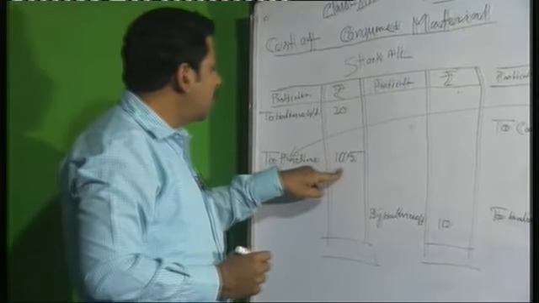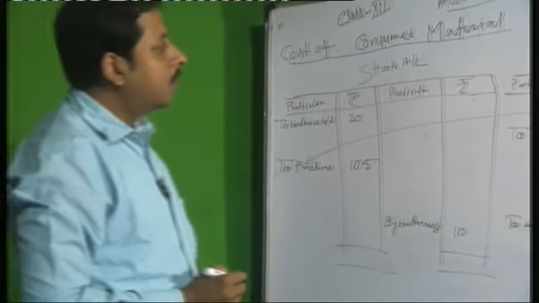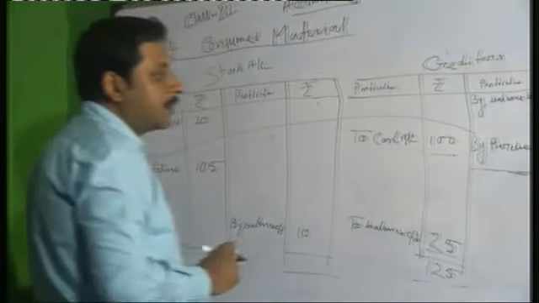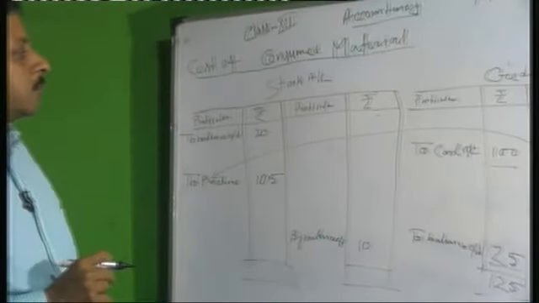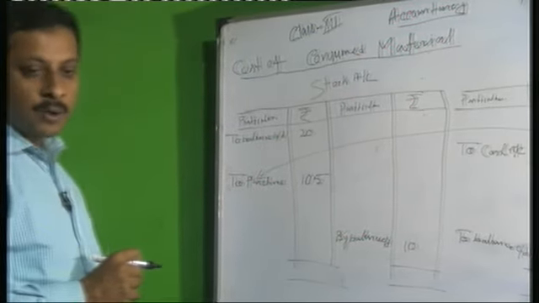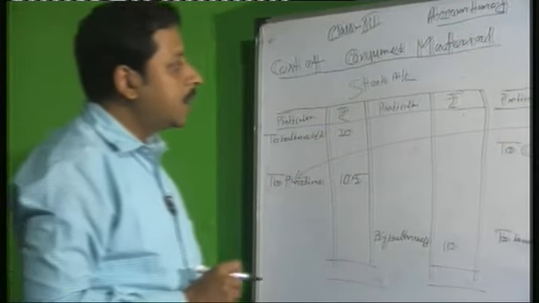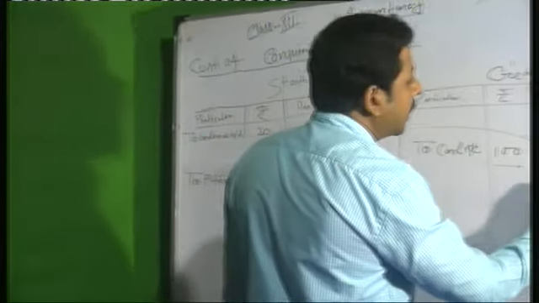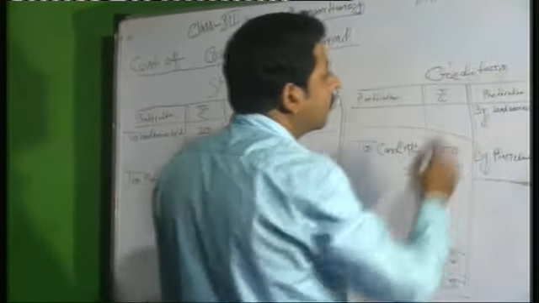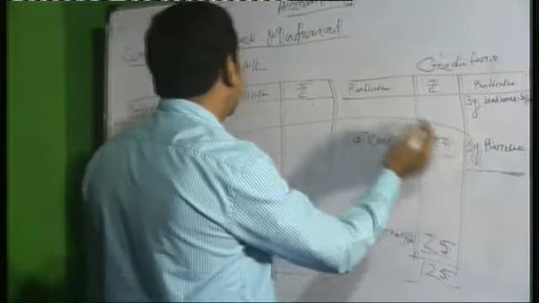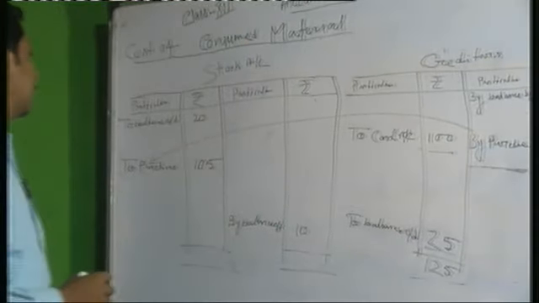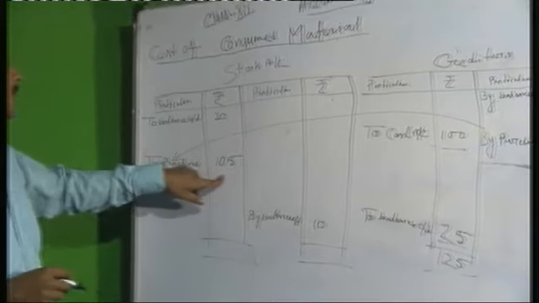We got the purchase amount from the creditors. If there are creditors, we can get the purchase, though the purchase is not stated in your example or story. So in purchase, what would be the entry? Purchase account debit to creditors, and this purchase is transferred to the stock account. So we get the purchase of 105.